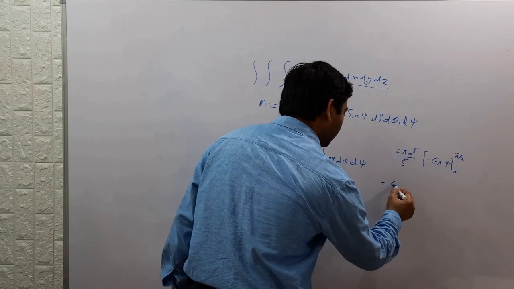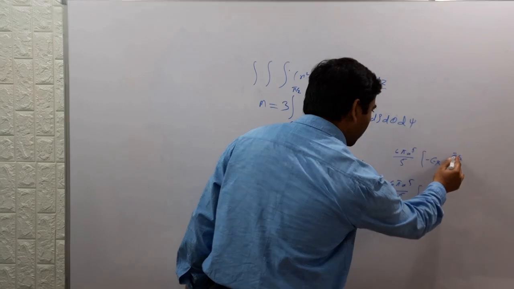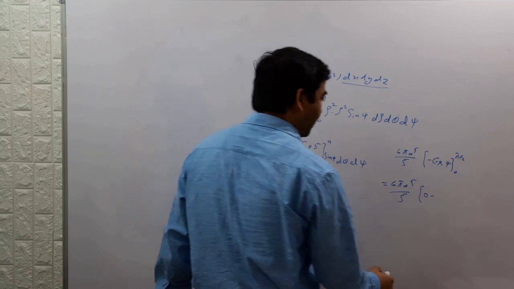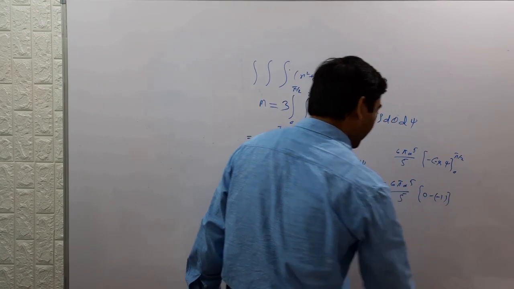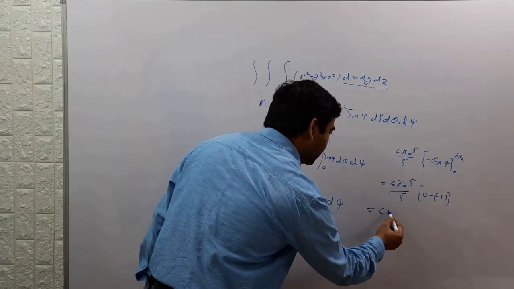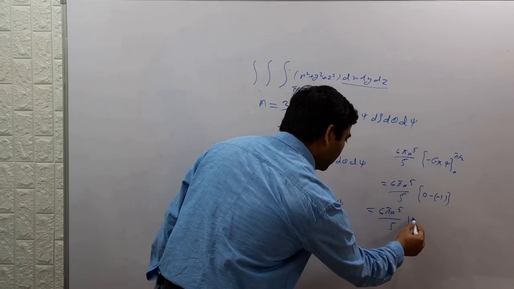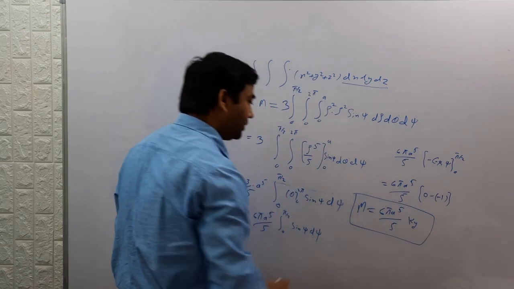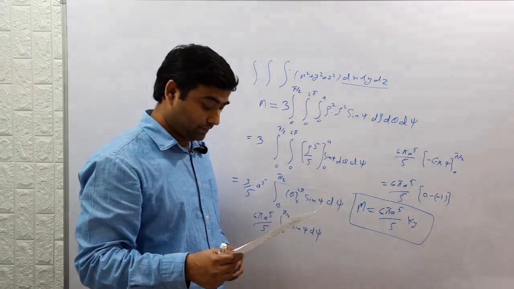This is 6 pi a power 5 by 5, cos pi by 2 is 0, minus minus 1. So this is 6 pi a power 5 by 5 kilogram. This is the total mass, 6 pi a power 5 by 5 kilogram.